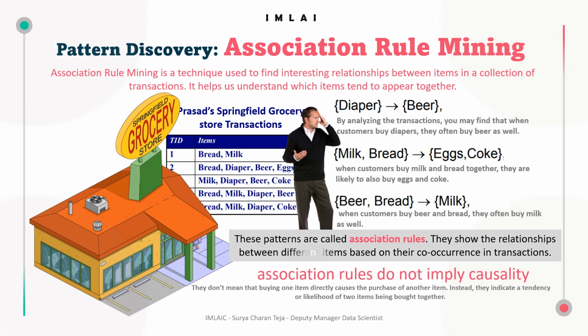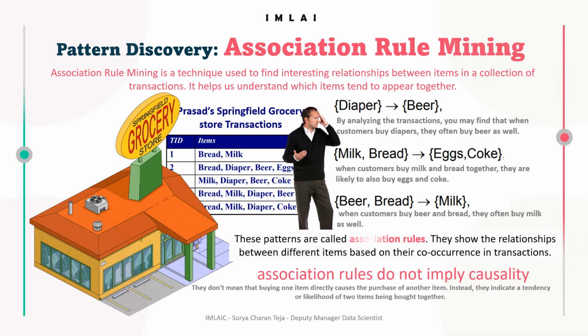So, association rule mining helps businesses in various ways. For example, a retailer can use these rules to improve their marketing strategies.